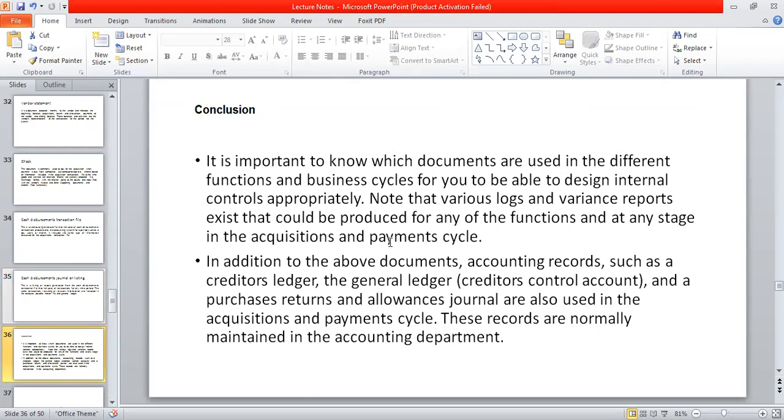Yes, of course. I think I did mention the supplier delivery note in our discussion where we were discussing the goods received note.